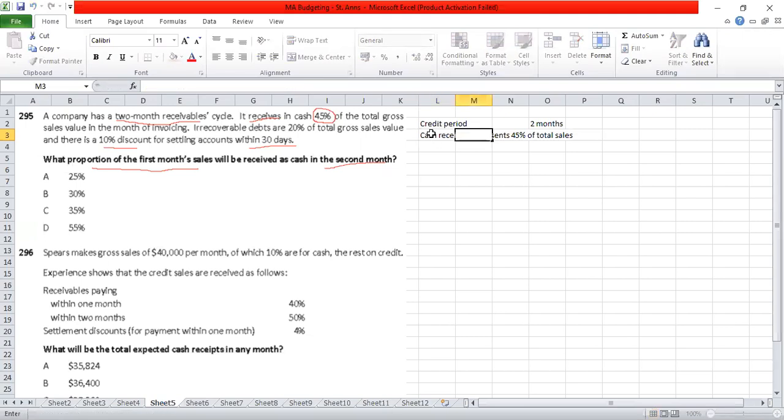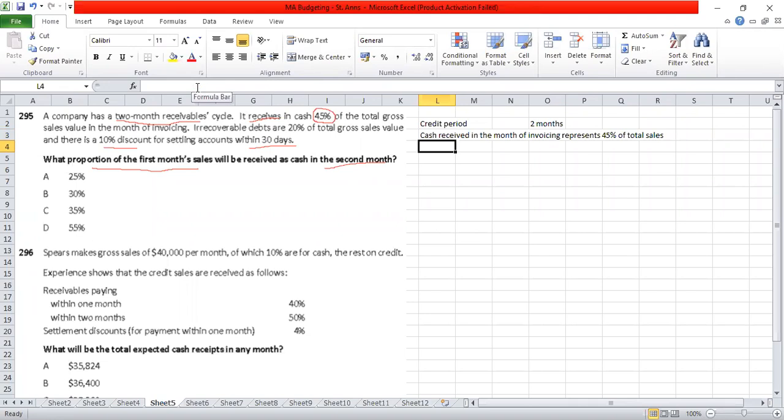Very specifically we have to mention cash received in the month of invoicing. It represents 45% of the total sales.